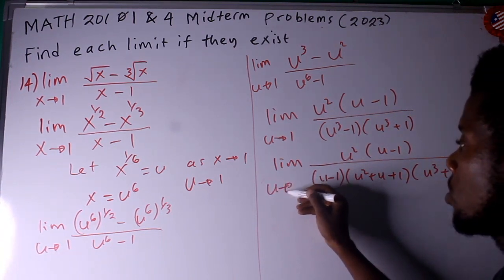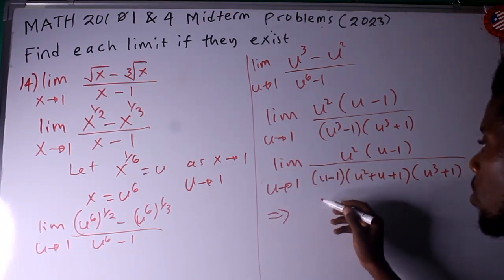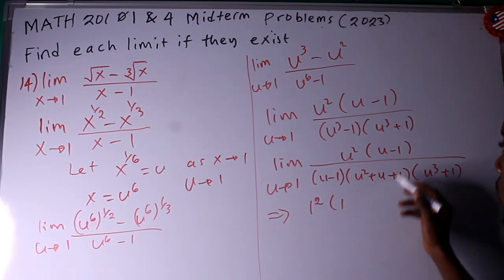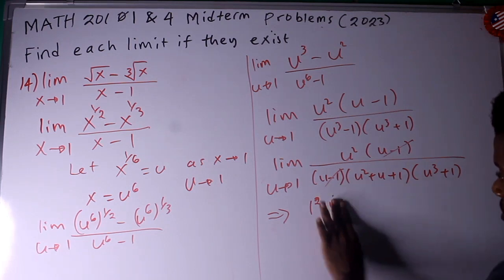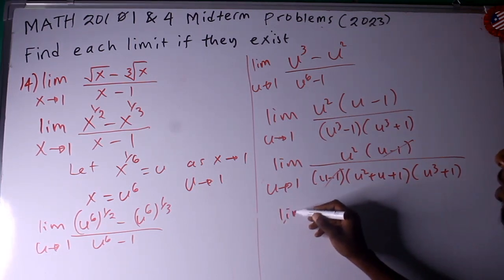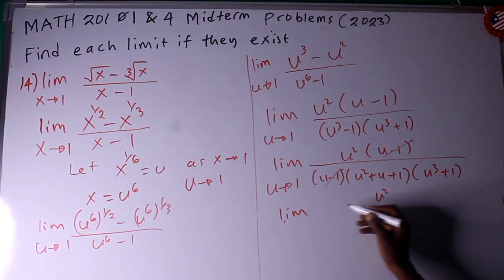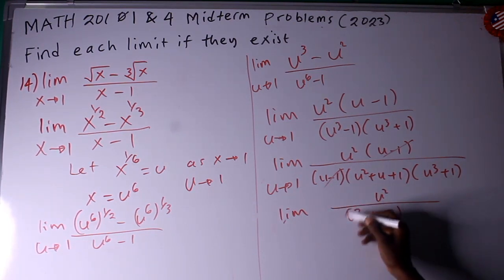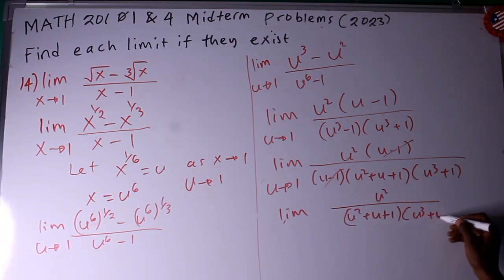So if that cancels out, I'll have the limit of u squared all divided by u squared plus u plus 1 times u cubed plus 1.